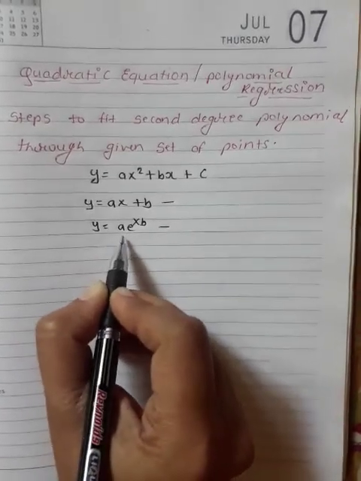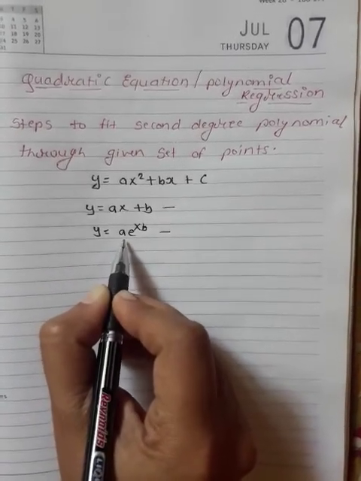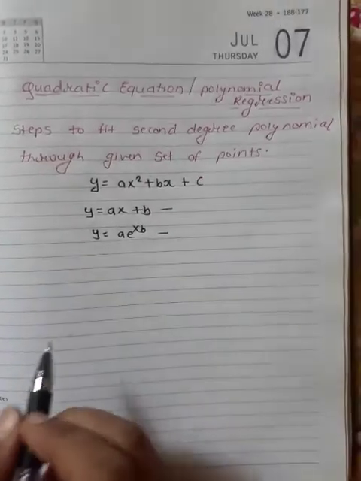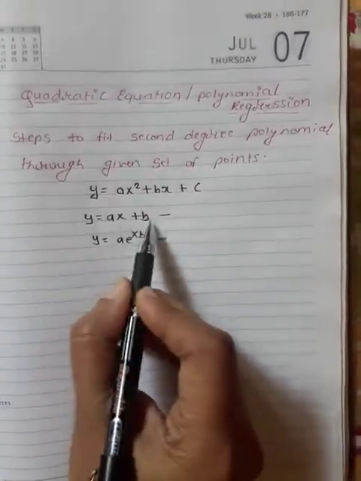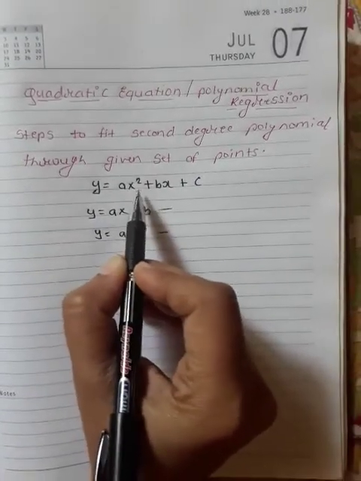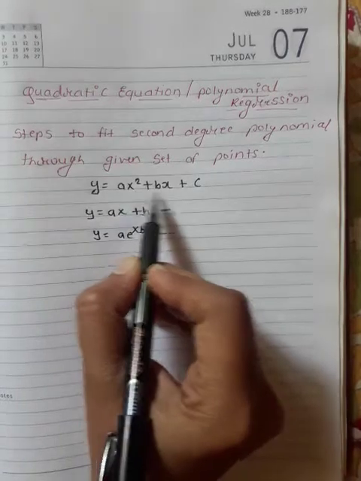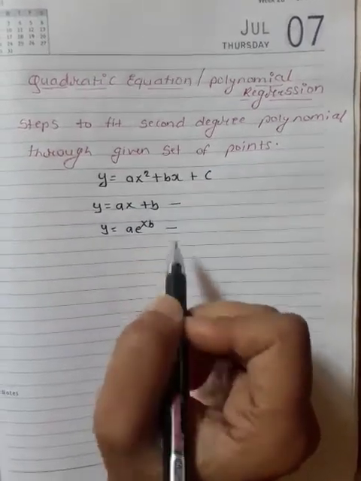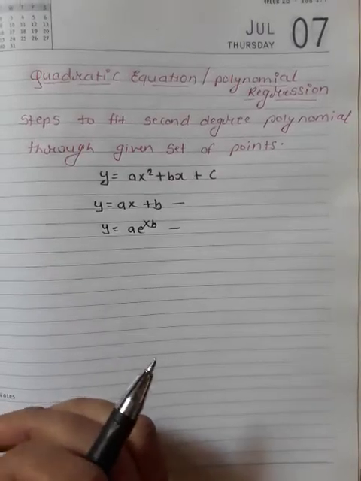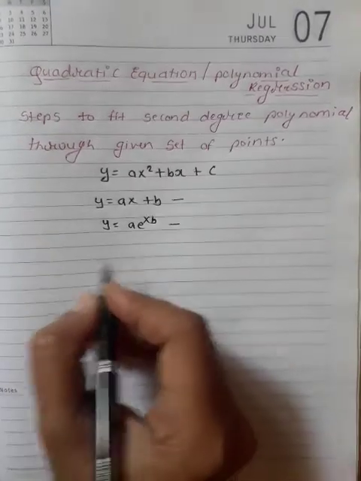We were using two simultaneous equations to find the values of a and b. But for the polynomial or quadratic equation, there are three unknowns. That means we require three equations. How to frame these equations, we will see one by one.